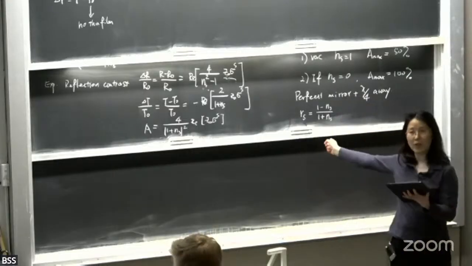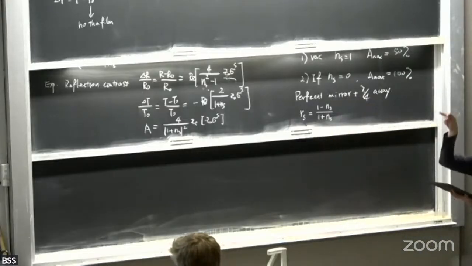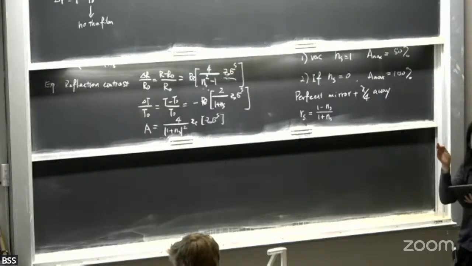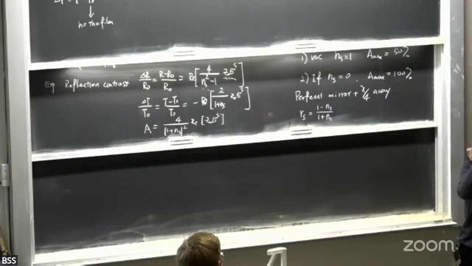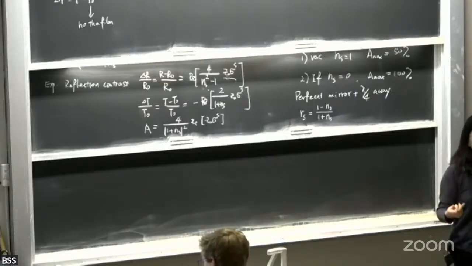And this is just the Fresnel coefficient, right at the surface. Then if you move away a quarter wave, you need to add this propagation factor.